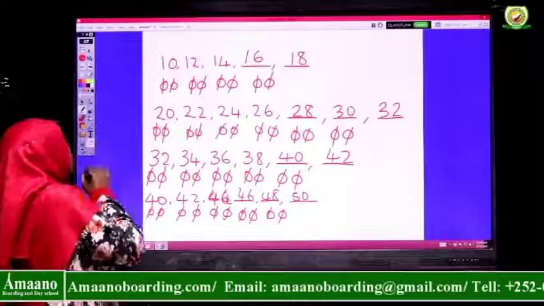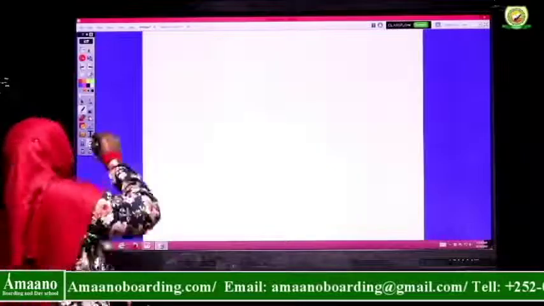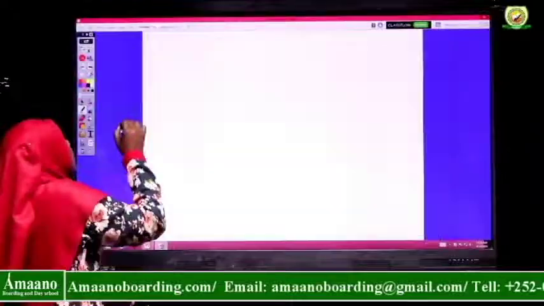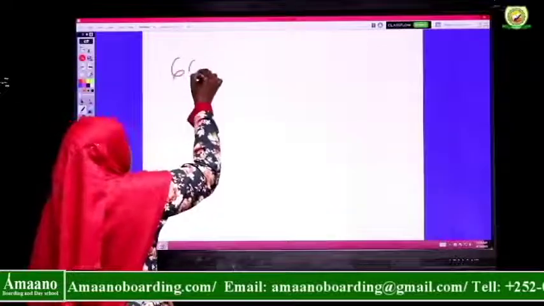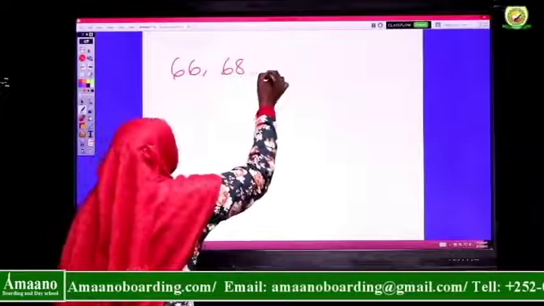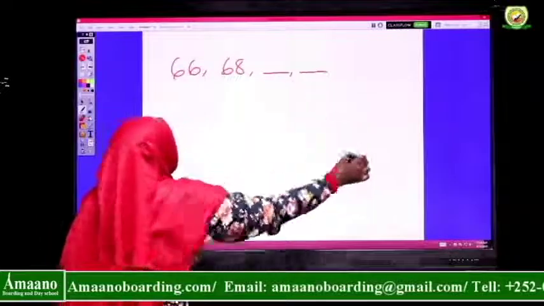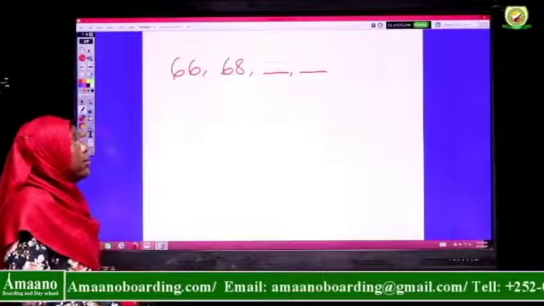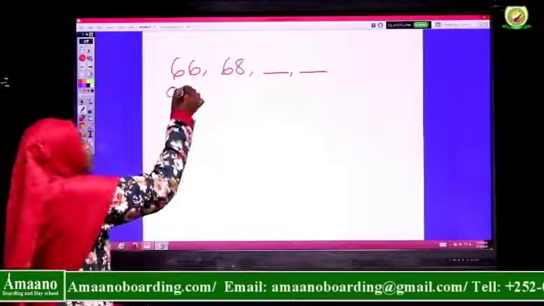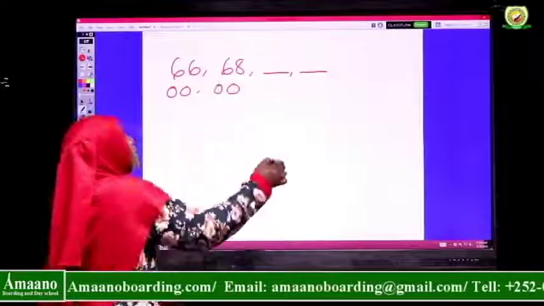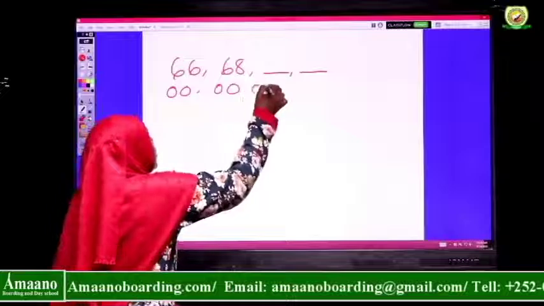Let's get to that. We have 66 and 68. 66, 68, comma, dash, comma, and dash, the 2 dashes there. So when we continue counting, we'll have 2 balls, and then another 2 balls, and then we continue adding.